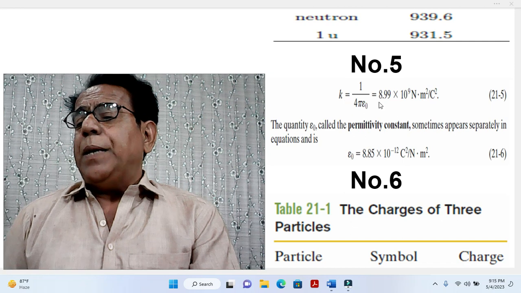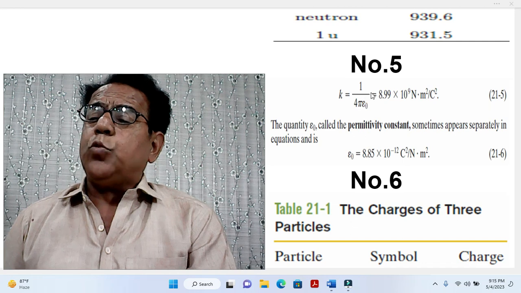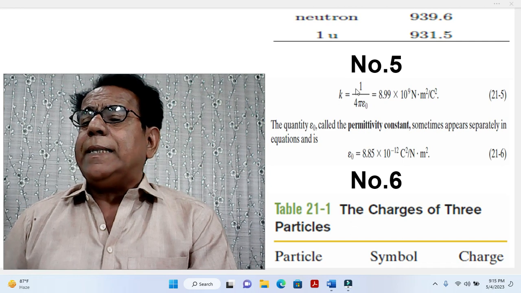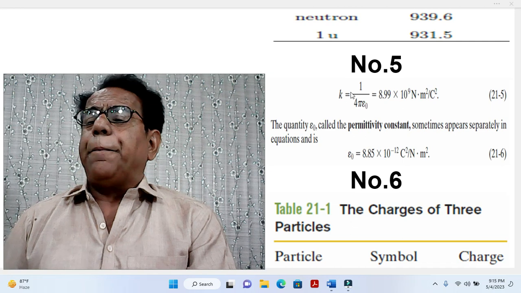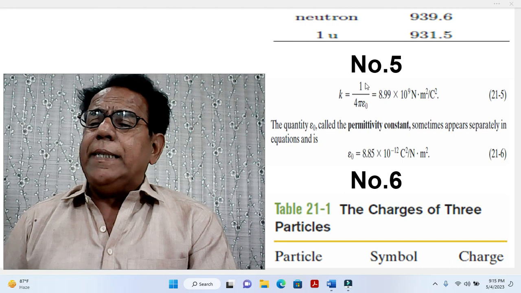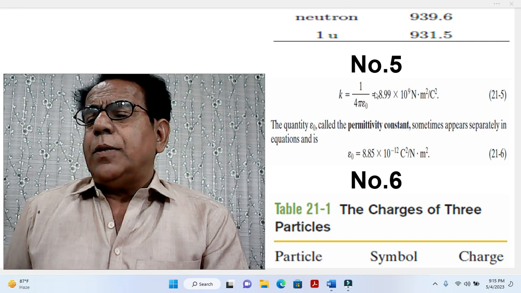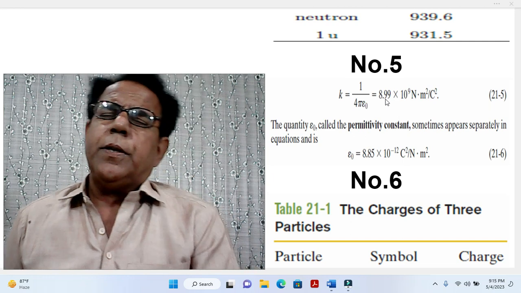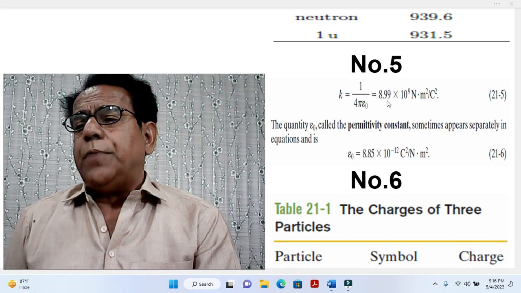We may also use this, but it is much better if in place of this we also include e square, that is e square times K, because this is the value of K, we multiply it with e square, so that e square over 4 pi epsilon naught, its value is 1.440 electron volt nanometer or million electron volt femtometer.